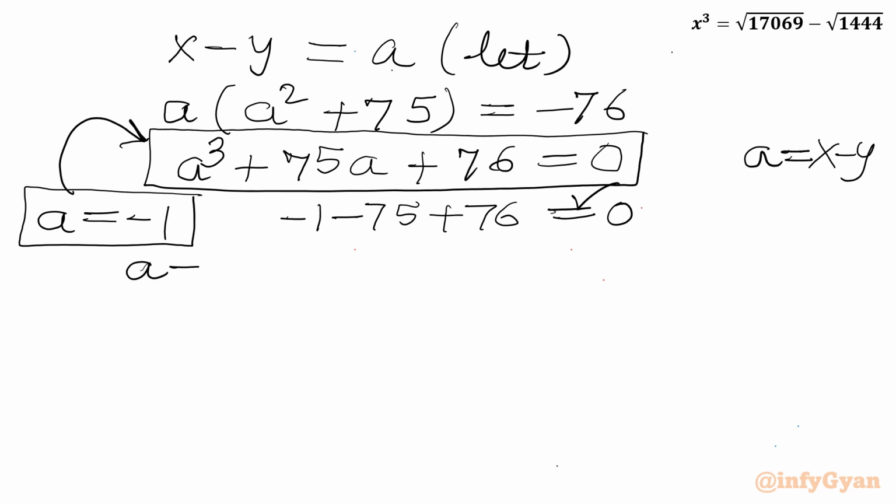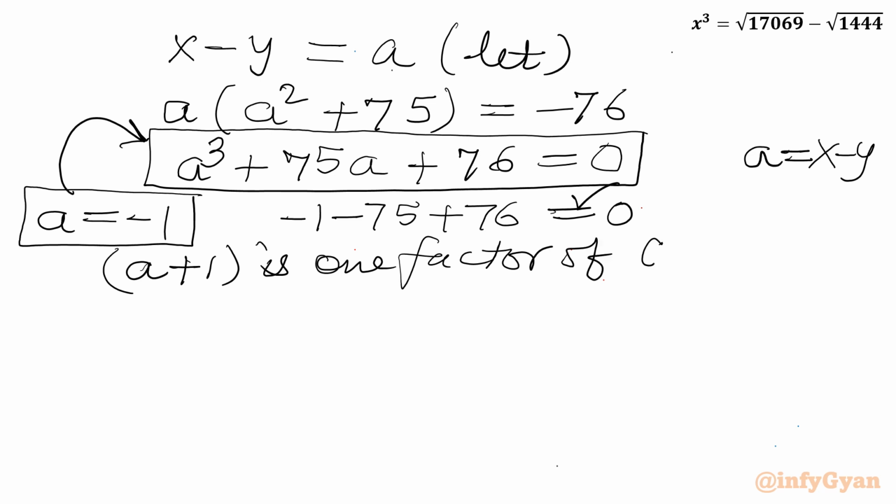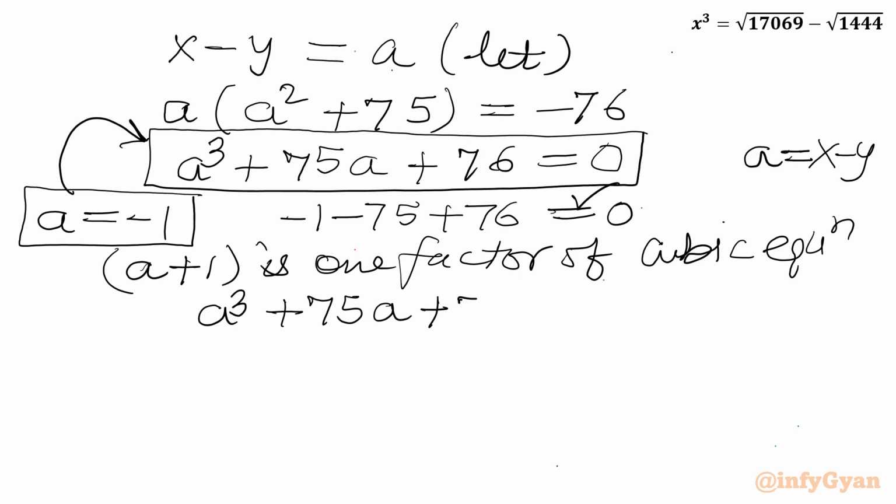Or I can write A plus 1 is one factor of this cubic equation. So I can use the remainder theorem. So I will write A cube plus 75A plus 76 equal to 0.